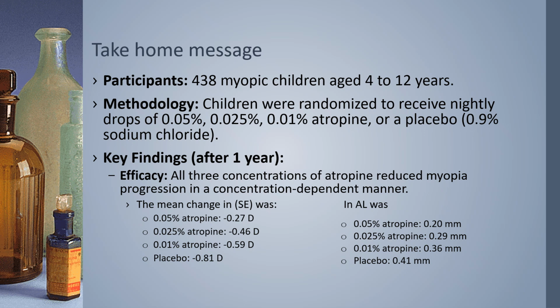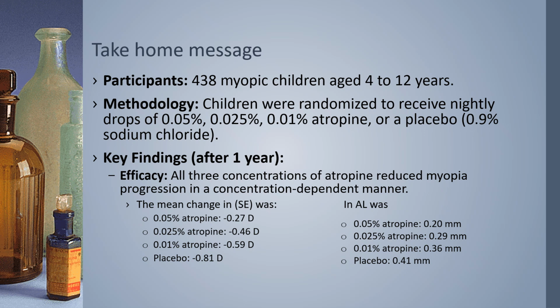The axial length elongation also was quite high in 0.01%. In fact, with our times now, we would say that 0.36 is almost a non-responder, and at the end of 1 year, 0.59 is also a non-responder. So quite a lot of patients would fall into the non-responder group.